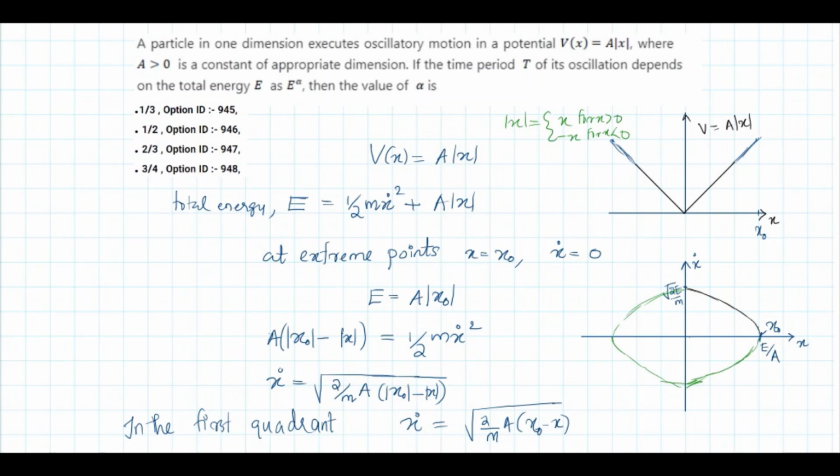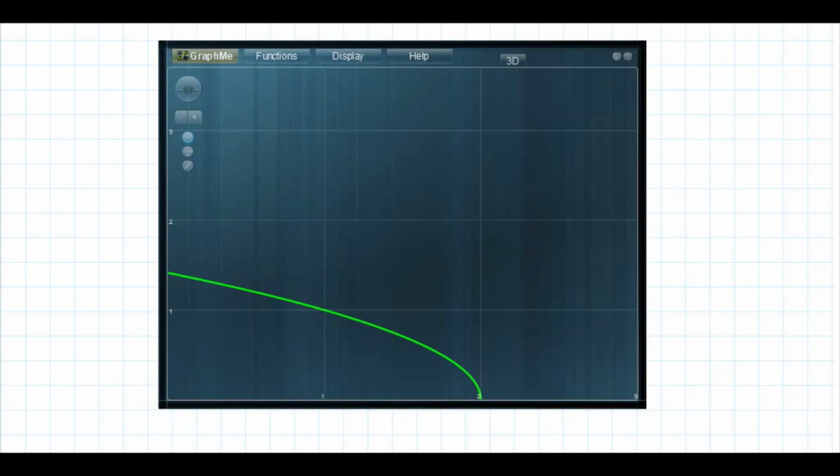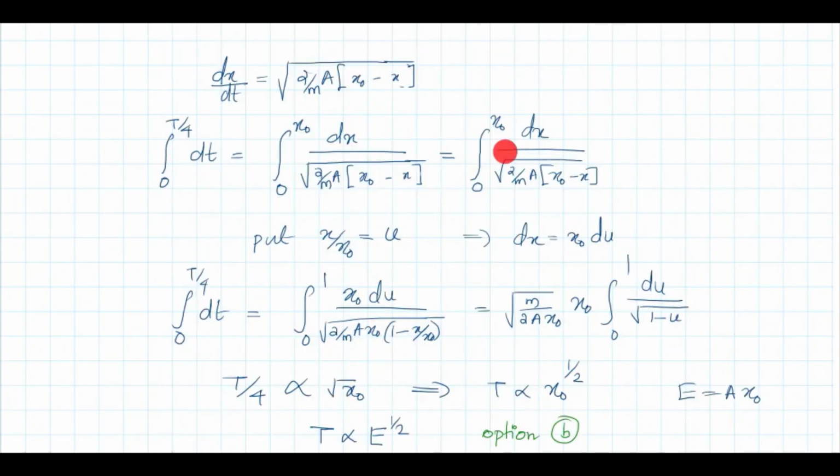You have to plot a potential. Then you can plot this x dot versus x diagram, and you can interpret the total period as 4 times the time taken to travel from 0 to x naught. That is the idea. No need to do this integral because it is not easy to solve.